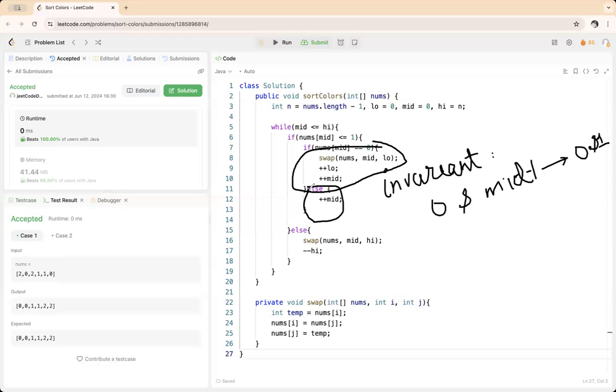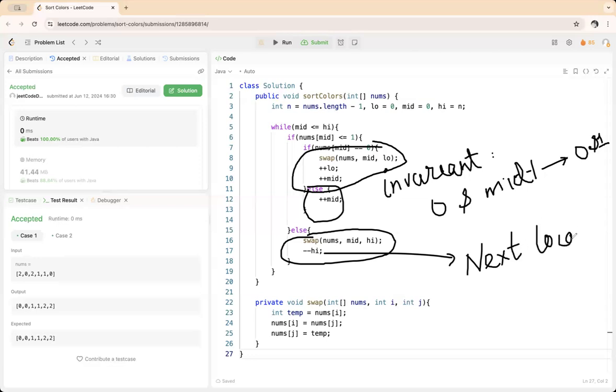And for the same reason, when we are doing this swap here, we are decrementing the high, because high is pointing to the next location where 2 will go.